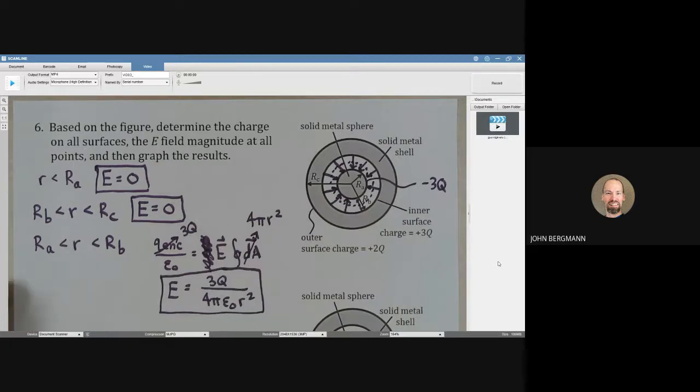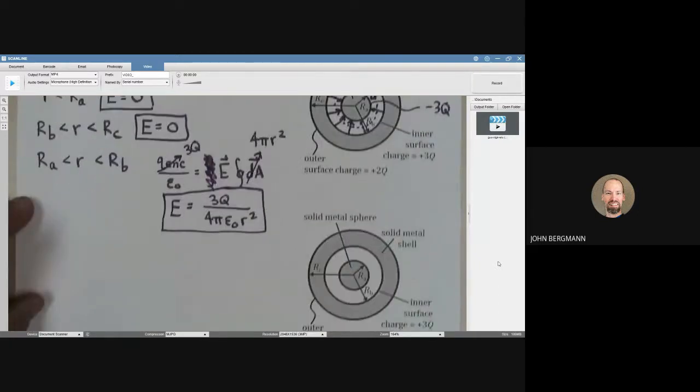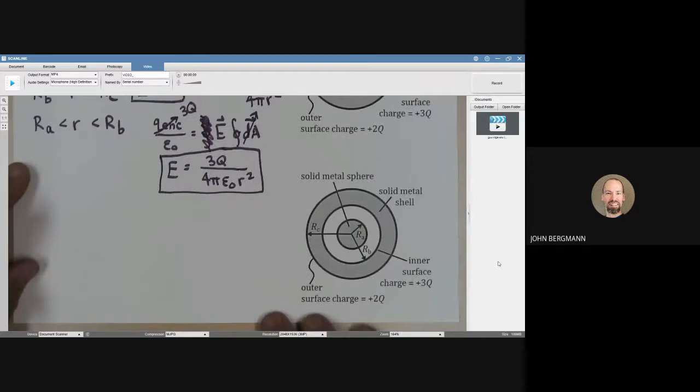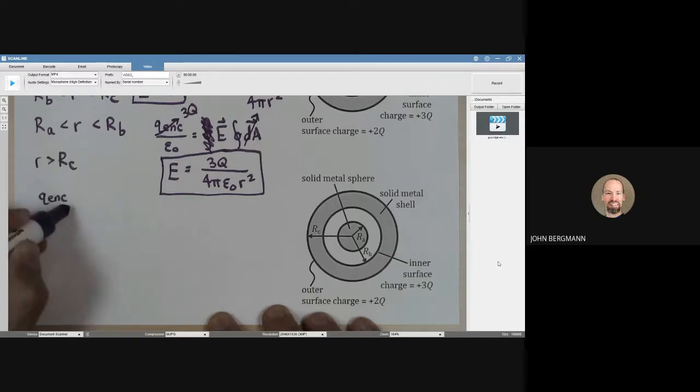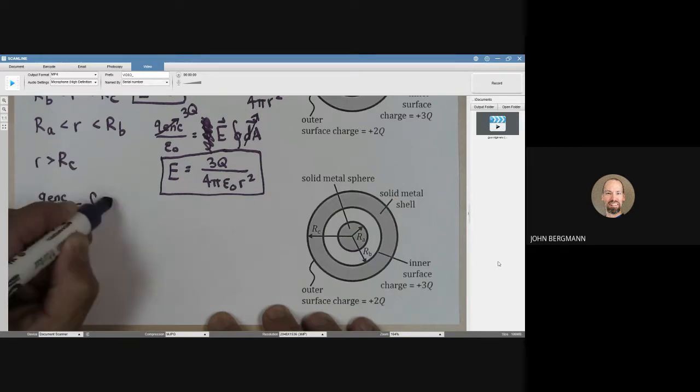All right, what about beyond r_C? That's the last section that we need to deal with. So what about r greater than r_C? Q enclosed over epsilon naught equals the integral of E dot dA.